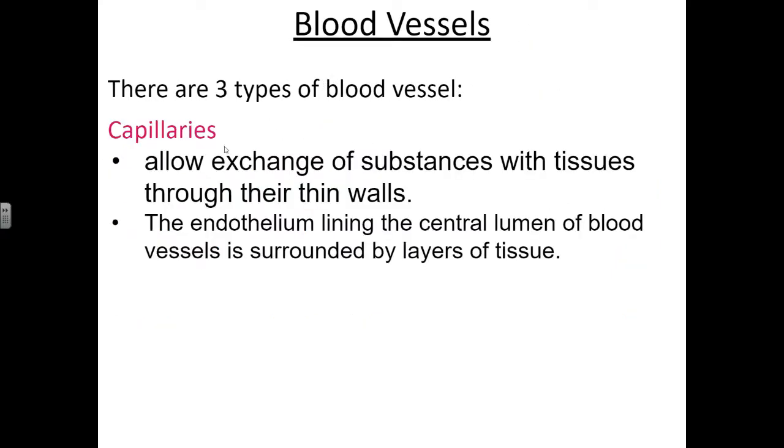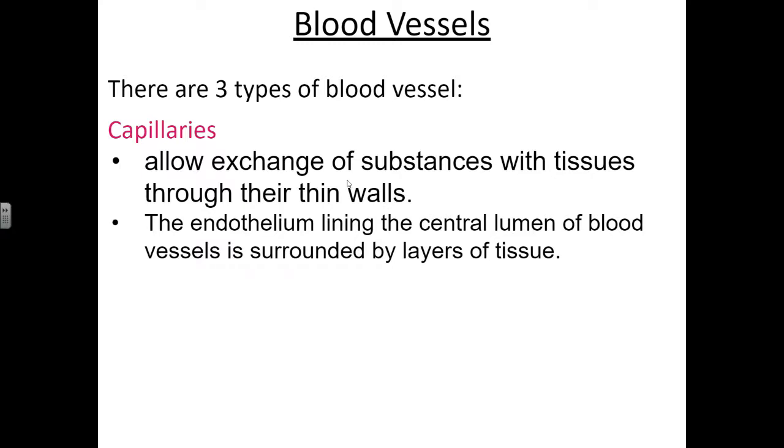Next, capillaries, which allow gas exchange and fluid and nutrient exchange in the tissues. They have very thin walls, so their walls are single-celled. I'll show you a picture of the three blood vessels, and you'll see that capillaries are the most basic level.